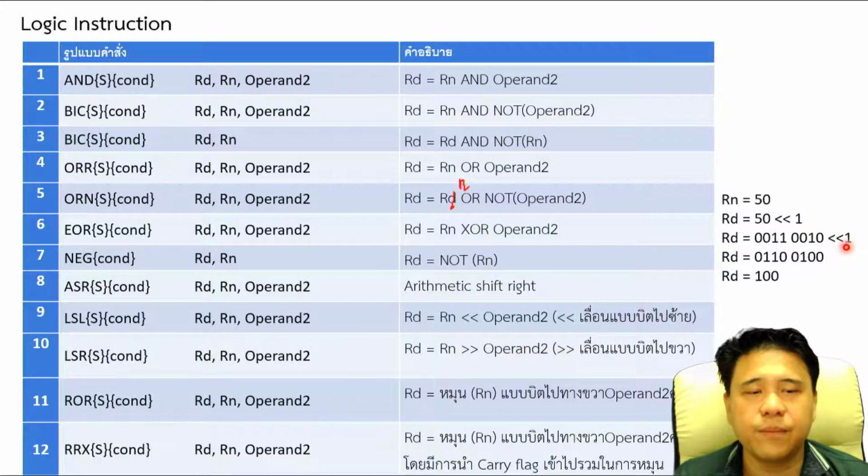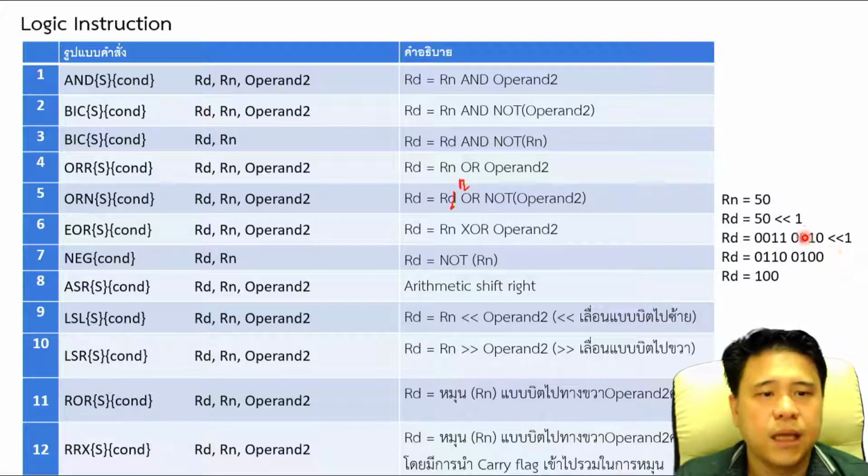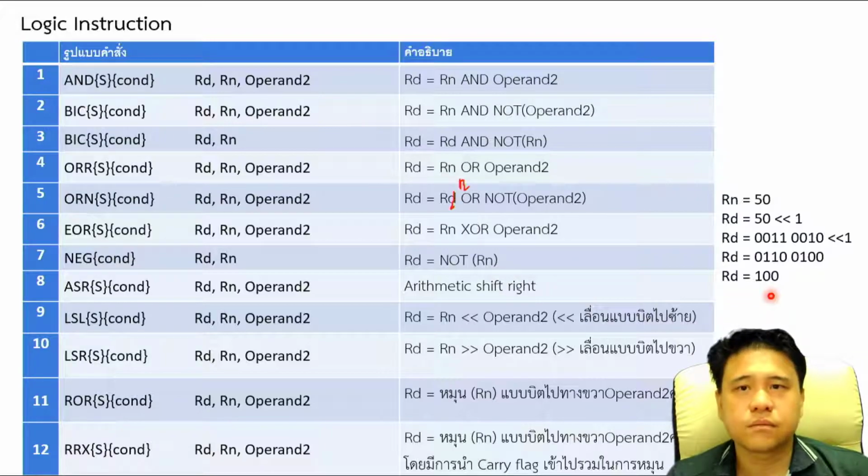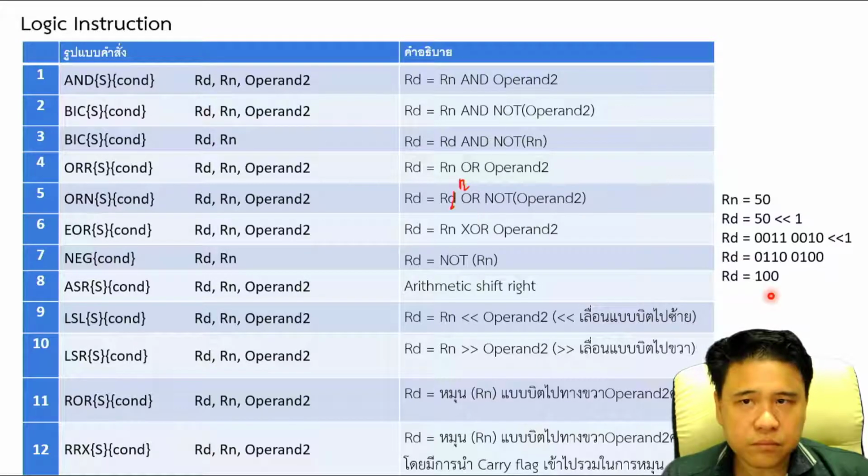It means that you shift all the information to the left by 1 bit. Then RD will become 0110 0100, and if you change it back to decimal, you will find out this is 100. This is called logic shift left.